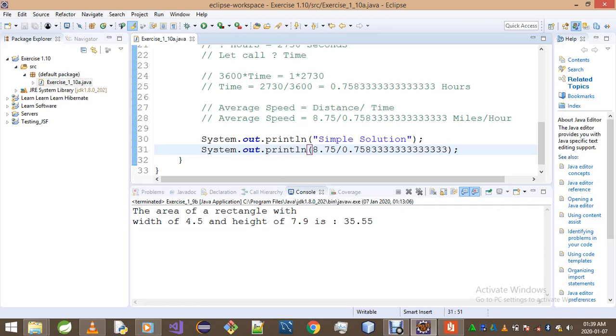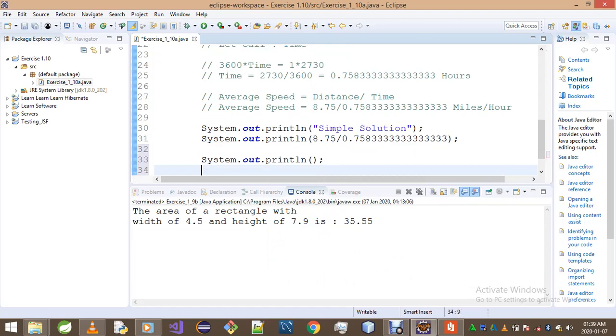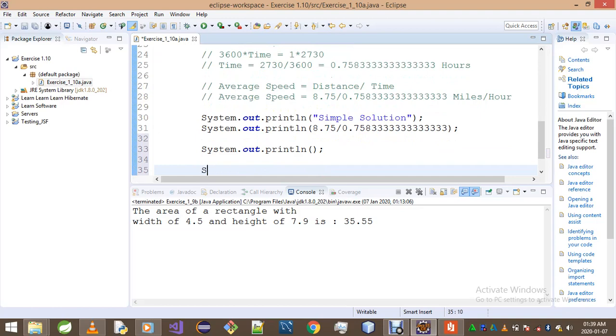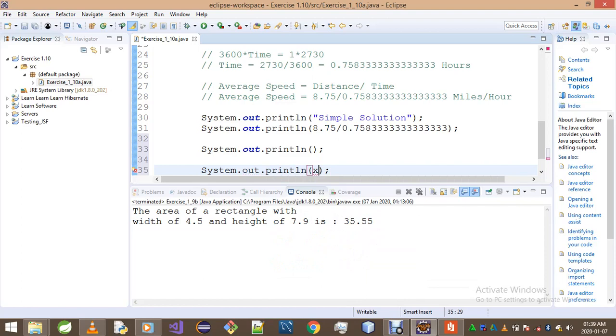A better solution though will look as follows. Basically it will be more user friendly. So this is what we're gonna have.